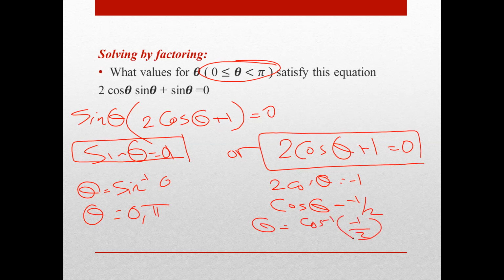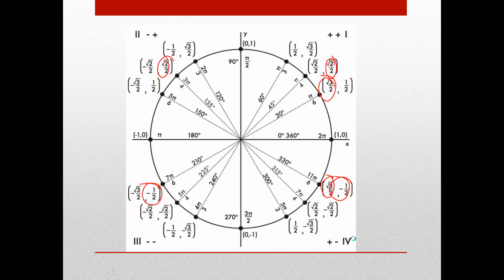Let's go to the unit circle. Search where cosine is -1 over 2. Cosine is negative, so I'm talking about quadrants 2 and 3. Look, it is at 2 pi over 3 and at 4 pi over 3.